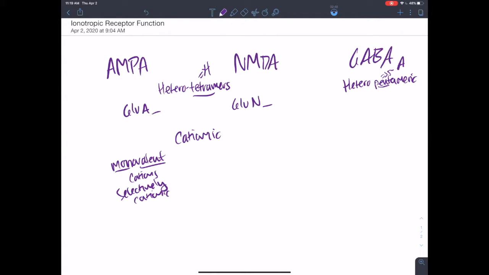NMDA receptors are essentially non-selectively cationic. Where this becomes important is the fact that NMDA receptors can also pass calcium, and that's going to be really important for our discussion of synaptic plasticity later on. GABA A receptors, well, obviously, they're going to be anionic, so those are going to pass chloride.